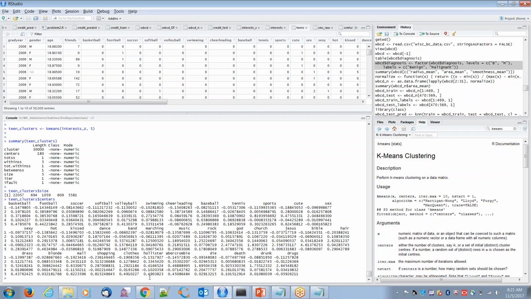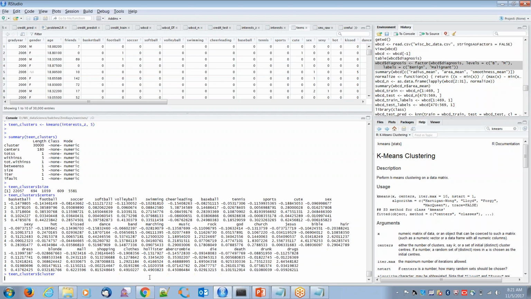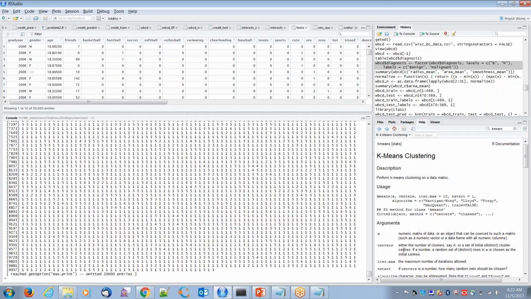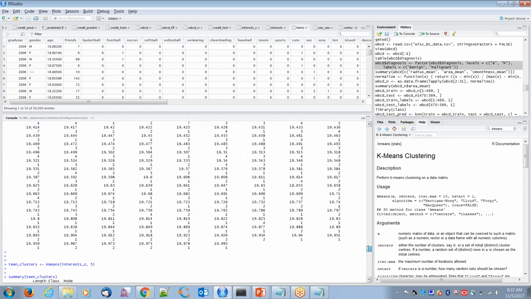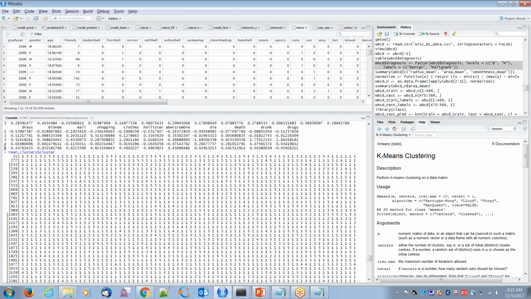Now we have to find out which points belong to that cluster, right? Which individuals belong to the cluster? We can do that by writing cluster. So what will happen is, see, the first row, these are the keywords.